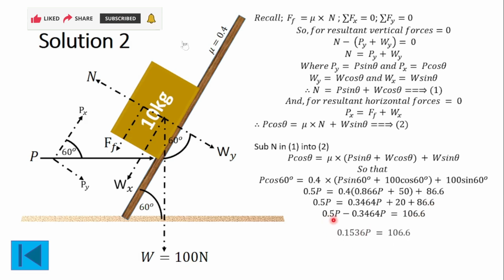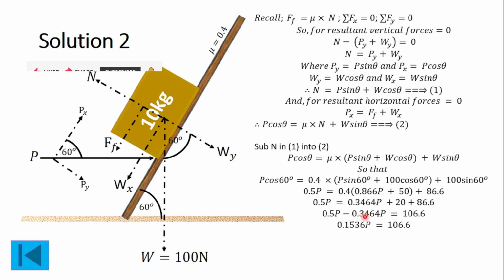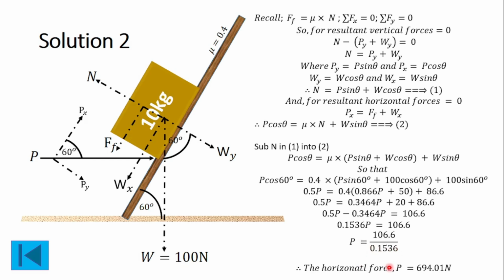So 0.5 P minus 0.3464 P gives us 0.1536 P equals 106.6. So P equals 106.6 divided by 0.1536, and therefore the horizontal force P equals 694.01 Newton, which is the horizontal force P that is necessary to push this object up the plane.